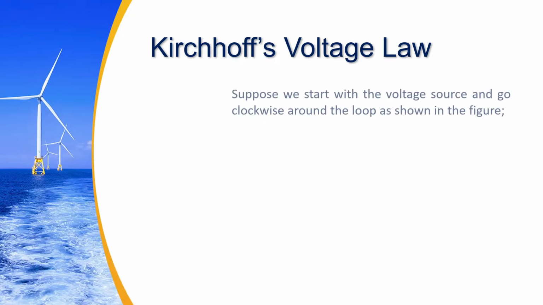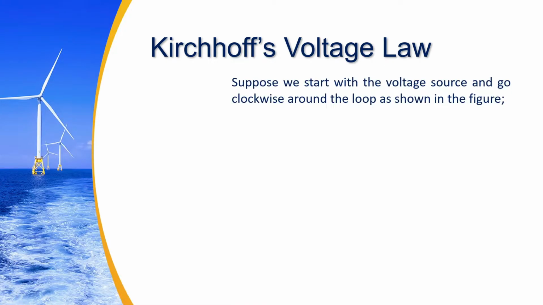Okay. So, suppose we start with the voltage source and go clockwise around the loop as shown in the figure. Okay? So, nag-start tayo dito kay voltage source natin at pa-clockwise yung direction natin. Yung looping natin pa-clockwise.